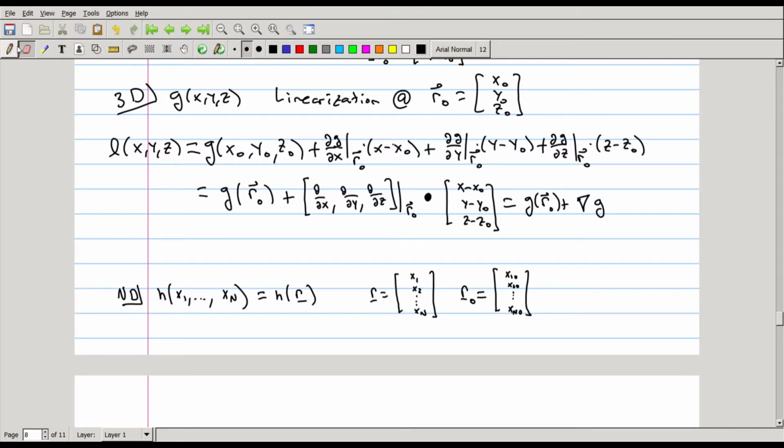I apologize for that typo. So the linearization of this function g is going to be the value of the function at the point r0 plus the vector dot product of the gradient of g at the point r0 with the vector r minus r0.